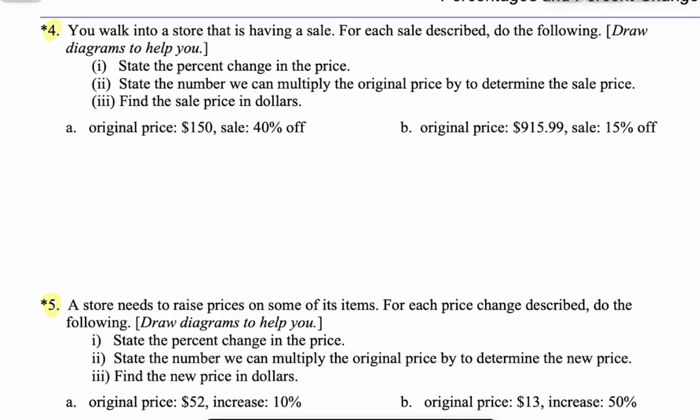So we know that the price is a decrease when they say a discount or off. So let's write that as a negative 40% or a negative 0.40. Now, another way to think about that is if I had the 100% price and I take off 40%, I have to pay 60% of what was there.